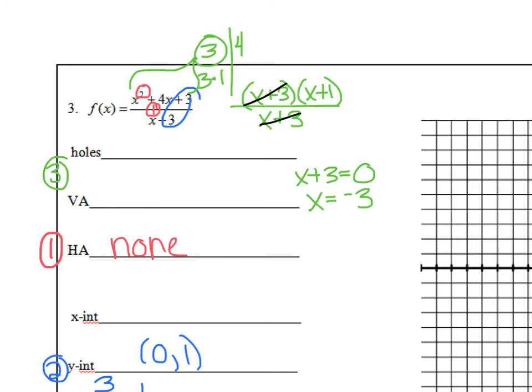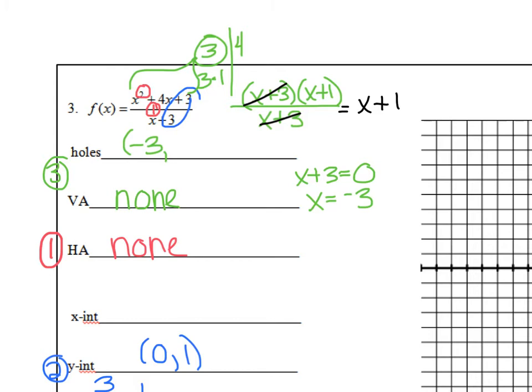So I know that that -3 value is part of my hole. Since I don't have anything else in the denominator, you can look, the denominator's all gone. I know there are no VAs. And my remaining fraction up here is just the x plus 1. You could put it over 1, but having a denominator of 1 doesn't do us any good, so we just leave it x plus 1.